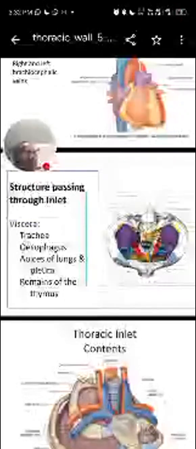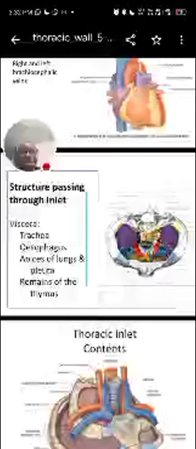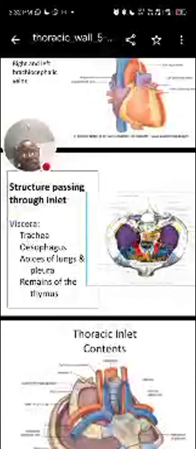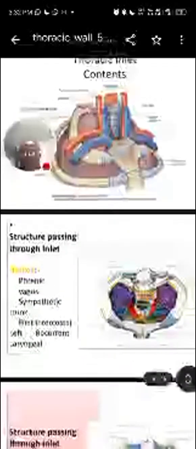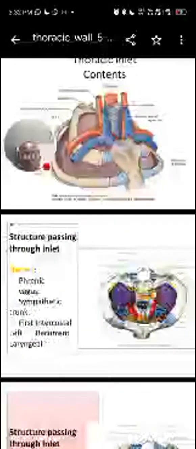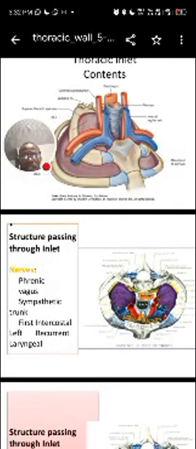For the veins, you list the three veins. For the arteries, you list the three arteries. That's BSC: brachiocephalic, left common carotid, and then left subclavian artery. Then the next thing is the nerve. For nerves, you have phrenic nerve, vagus nerve, sympathetic trunk, first intercostal, left recurrent laryngeal.